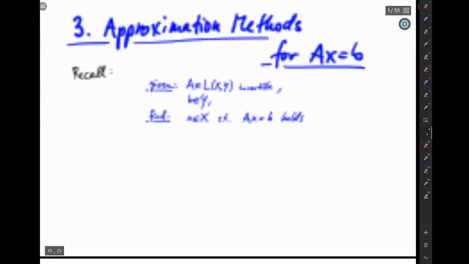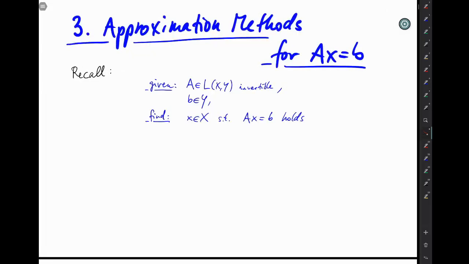Okay, so let's recall our settings. When we write Ax equals b, then we are given an operator A, which is a linear operator from, let's say, a vector space X into a vector space Y, and we will assume this to be invertible.